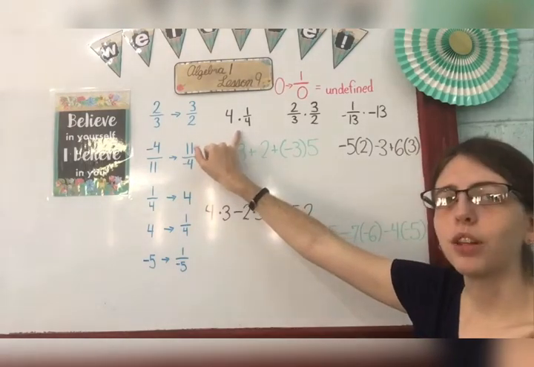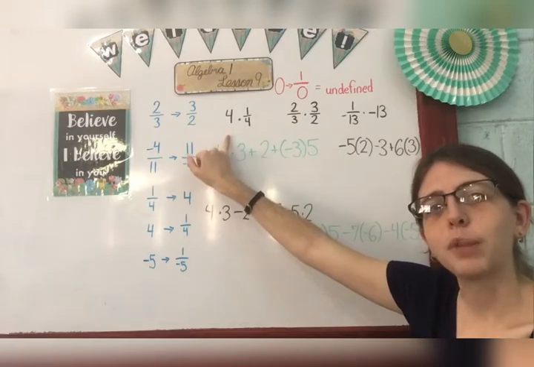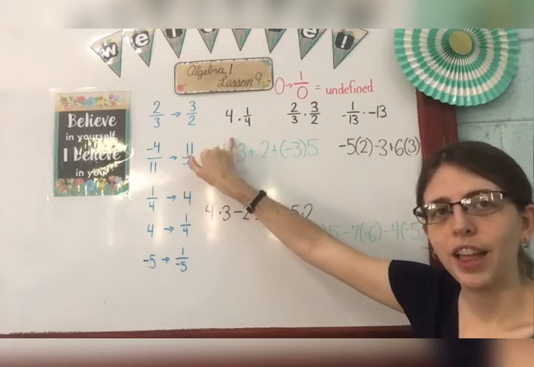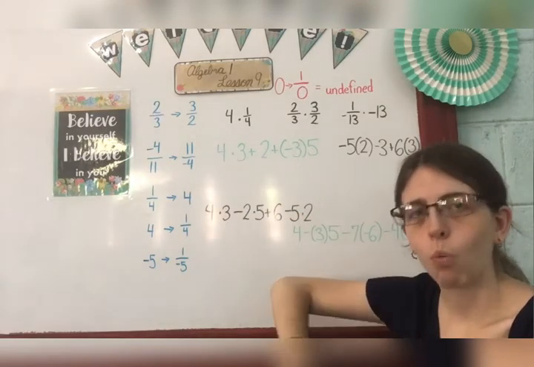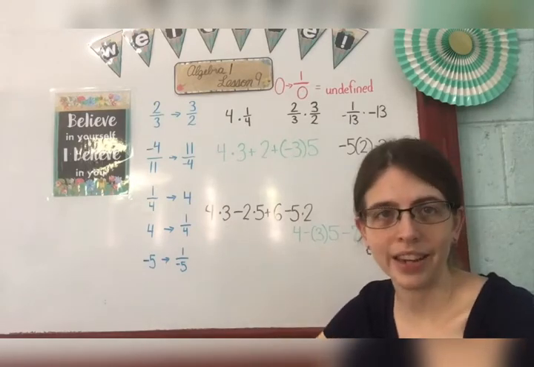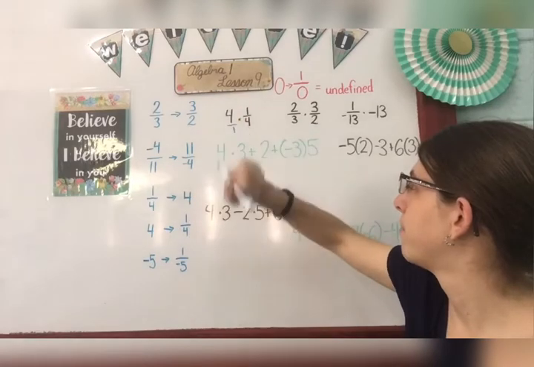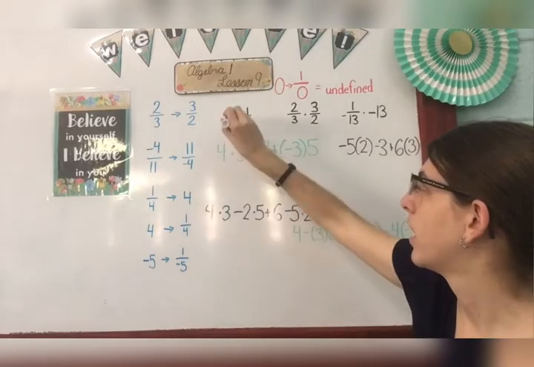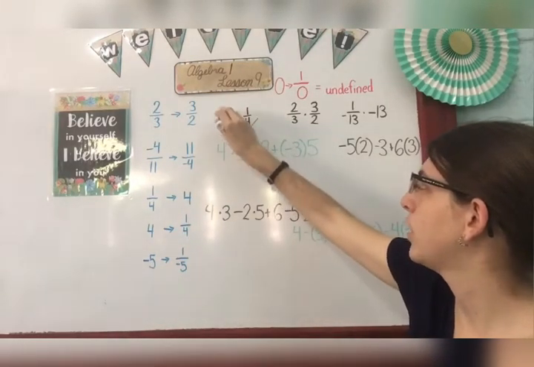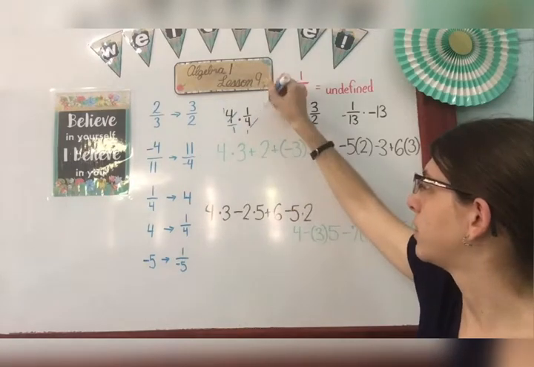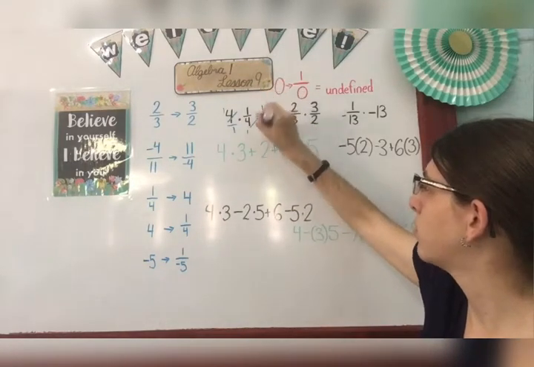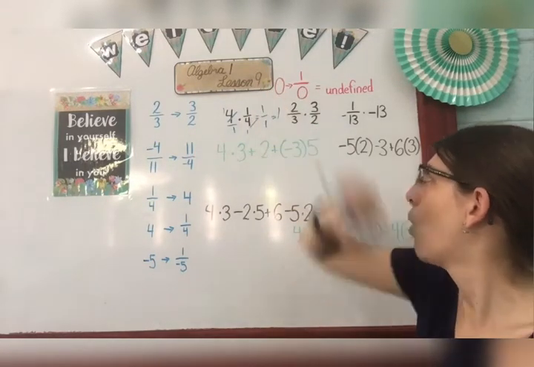Now another rule that we have is whenever you multiply something by its reciprocal, the answer is always 1, which is going to come in handy very, very soon. So 4/1 times 1/4. Your 4's would cancel, you'd just be left with 1. 1 times 1 is 1, 1 times 1 is 1, 1 divided by 1 is 1.